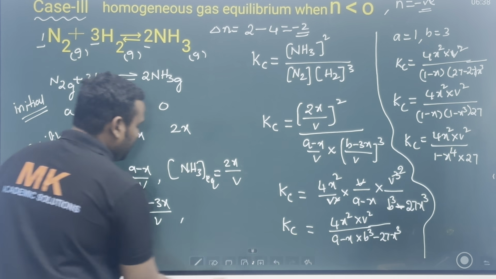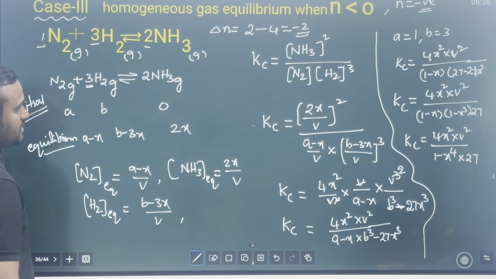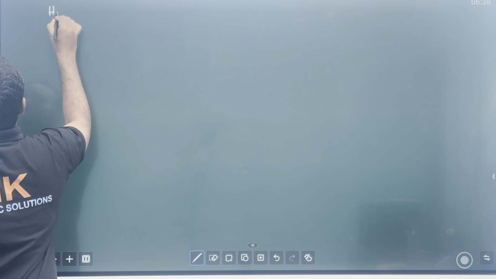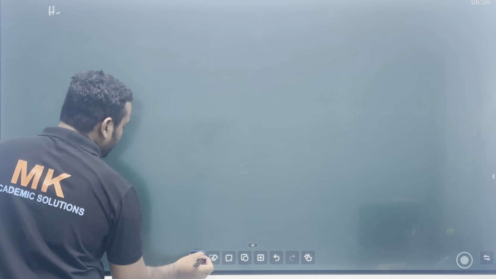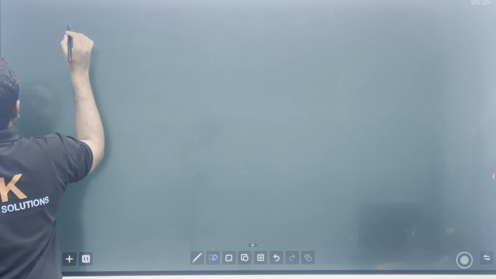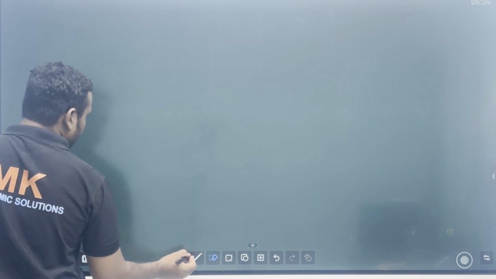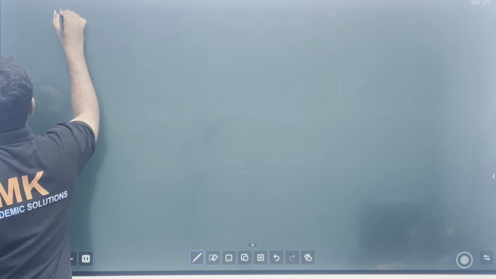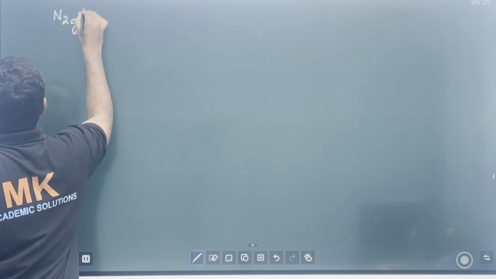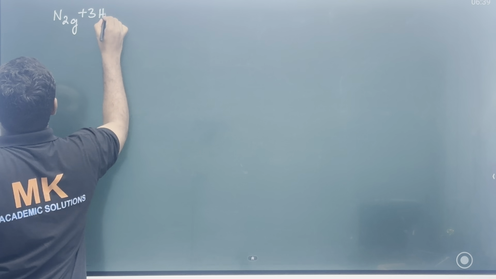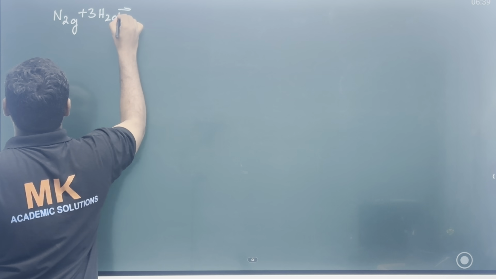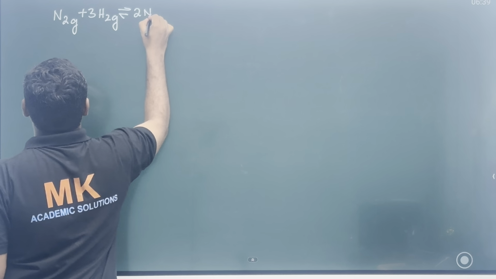Next to Kp. Now let us express the Kp for this. Okay, so first write the equation. What is the equation here? N2 gas plus 3H2 gas gives rise to 2NH3 gas.